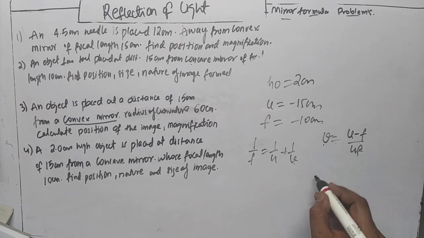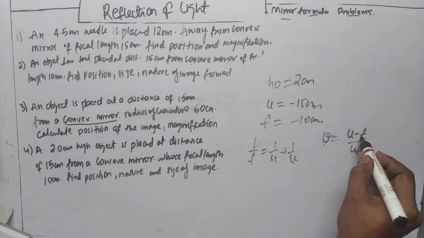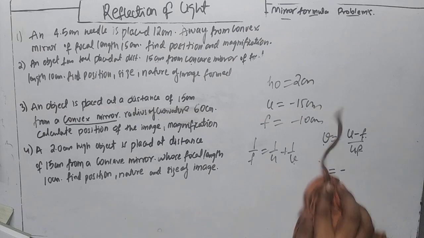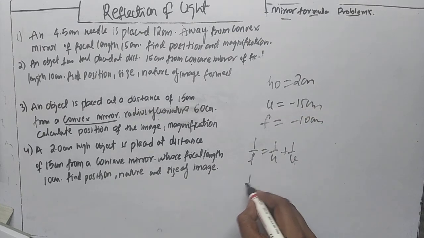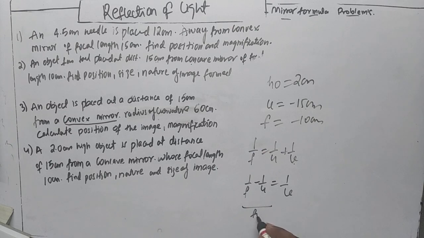So for the v value, you just substitute: u value is minus 15, f is minus 10. So 1 by f minus 1 by u is equal to 1 by v. If you substitute, you will get u minus f by fu is equal to 1 by v.